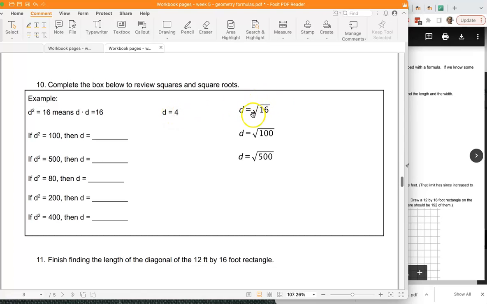And we express this relationship by saying that d is the square root of 16. So we're going backwards. We're unsquaring the 16 and going back to 4. If d squared is 100, do you know what d is? D is the square root of 100. So d is going to be 10.